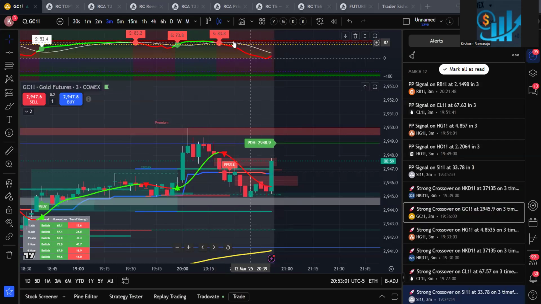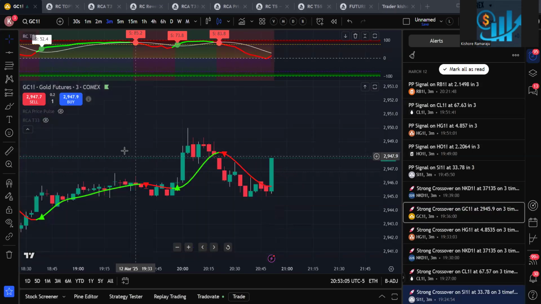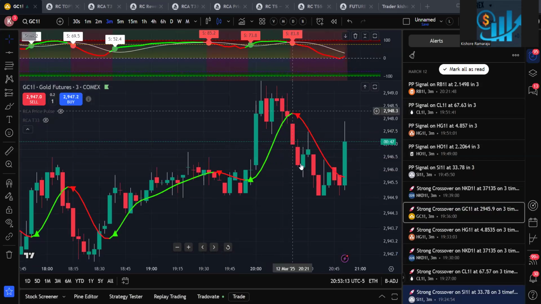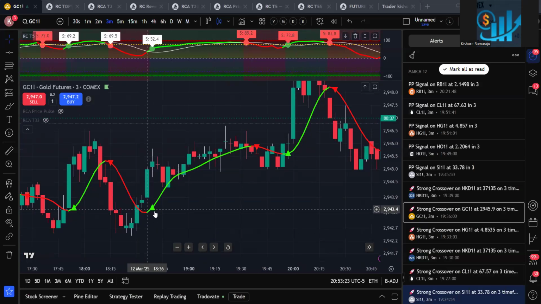So T5, you have two parts of T5, right? This one is T5. Again, here also you have T5, the green and red line. Whenever it is dropping, you get a T5 sell, then it drops, goes back, drops, goes back. Whenever you get a buy, it goes up, comes down, goes up, comes down.